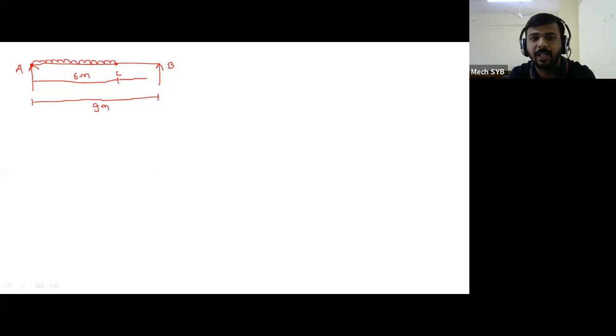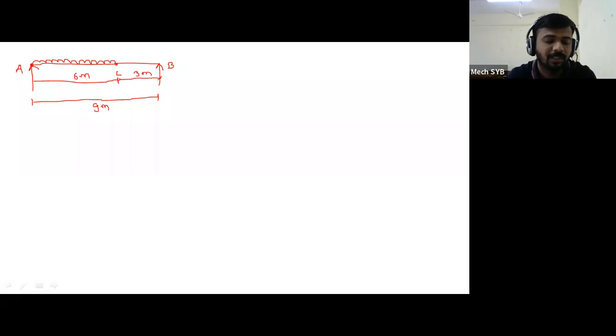And the distance between C and B becomes the remaining 3 meter. So you have to represent both distance values. Total distance is 9 meter, but you get one more point in between A and B, that is point C. So you have to represent AC as 6 meter and the remaining distance will be 3 meter, because these distances are important for your BM calculation and your reaction calculation.